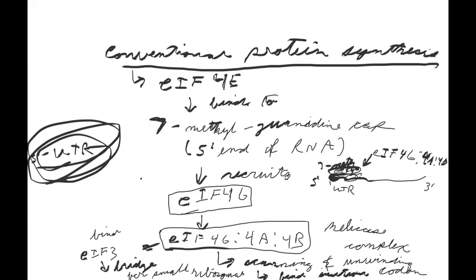So you have all this complex, and it's starting to unwind and find the initiation codon, moving in this direction, and this complex is also bringing in EIF3. That allows for the small subunit and the large subunit of the ribosome, and then that's going to allow for the protein to be created.